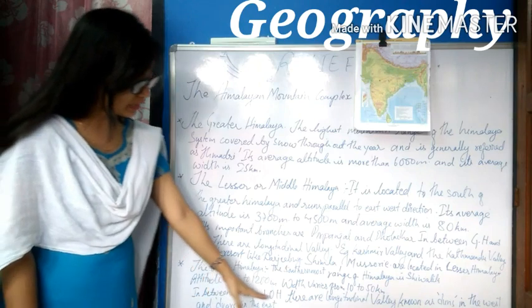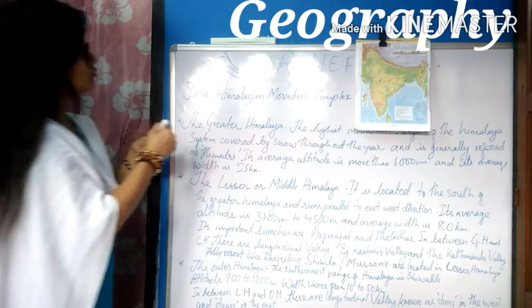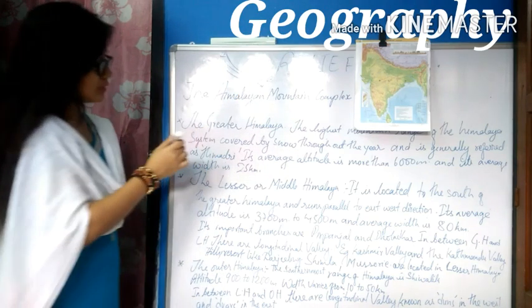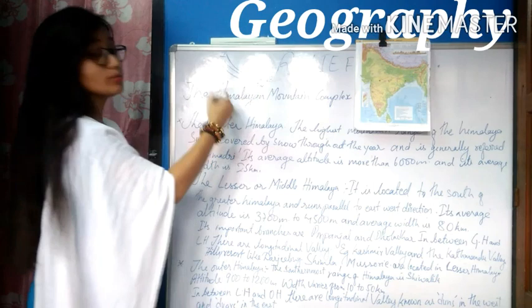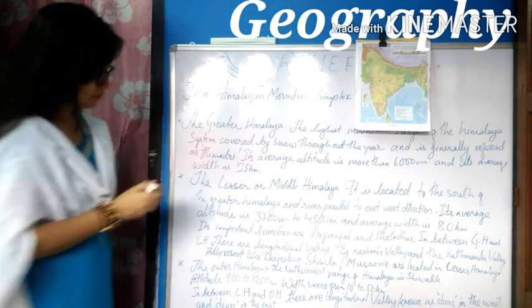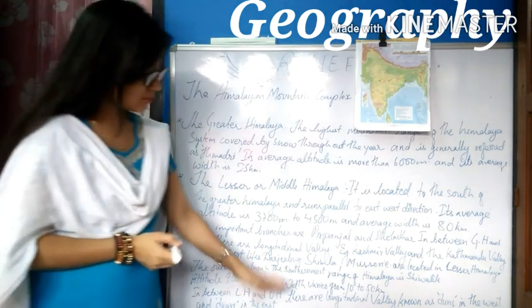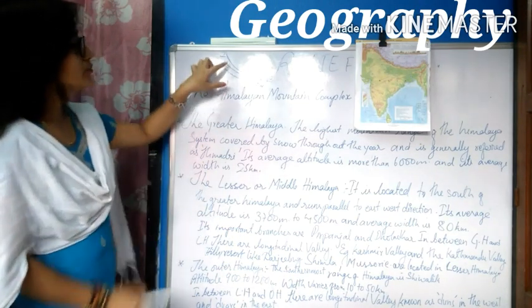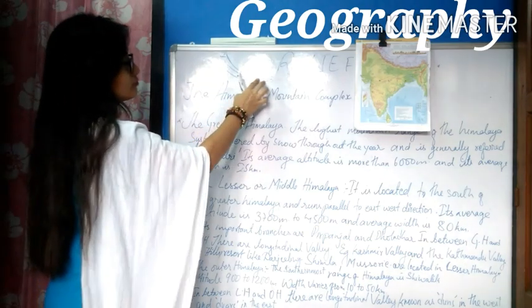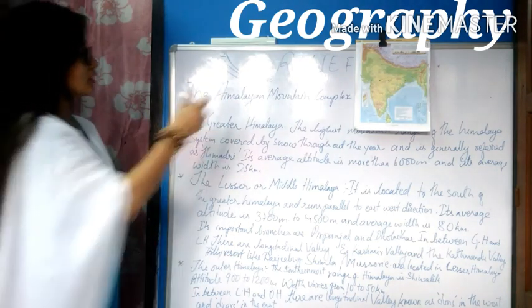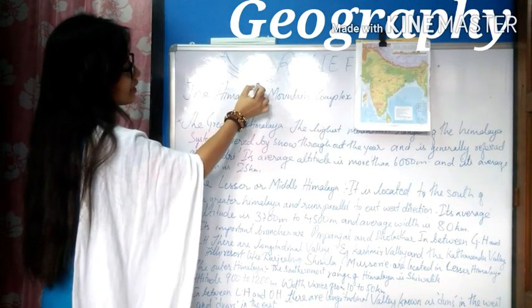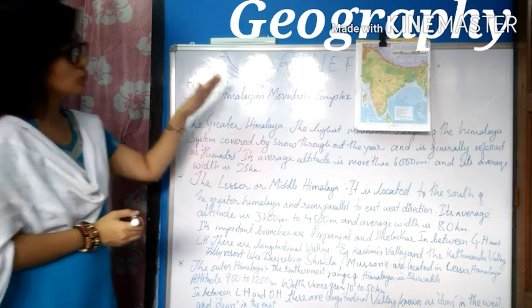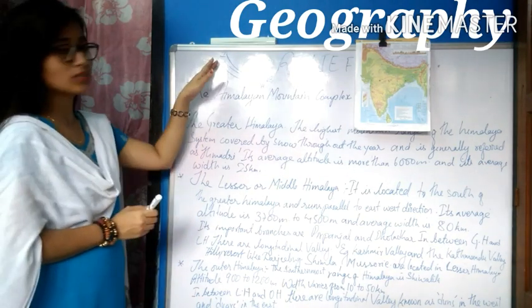In between the Lesser Himalaya and Outer Himalaya, there lies a longitudinal valley which is known as dunes in the west.